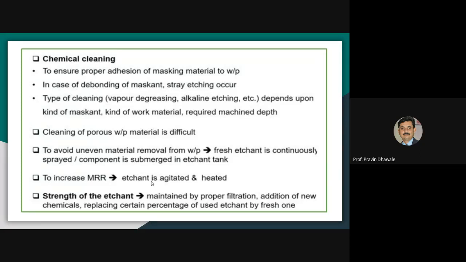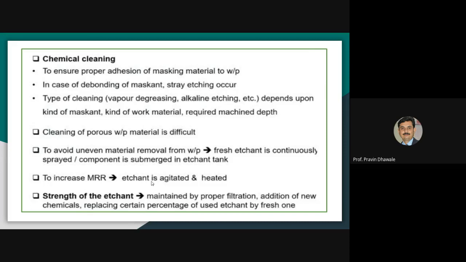Manually, when you are applying the maskant on the workpiece, there will be a possibility of not having proper adhesion of the maskant with the workpiece. That possibility is quite less with chemical cleaning. So proper adhesion will be ensured by using this chemical cleaning process.